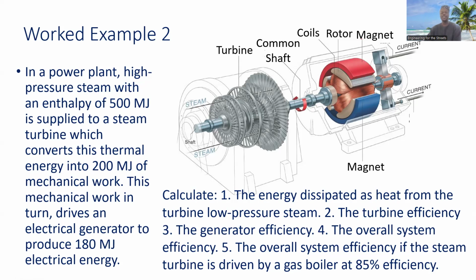Calculate one, the energy dissipated as heat from the turbine low pressure steam, the turbine efficiency, the generator efficiency, the overall system efficiency, and the overall system efficiency if the steam turbine is driven by a gas boiler at 85% efficiency.